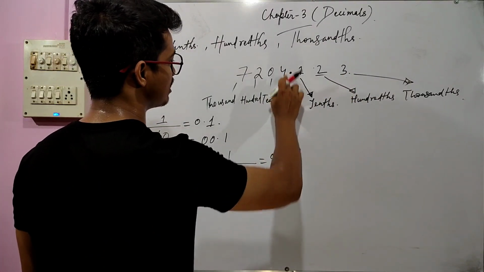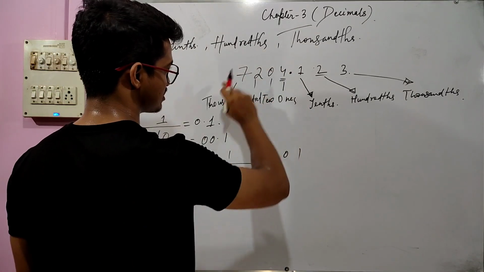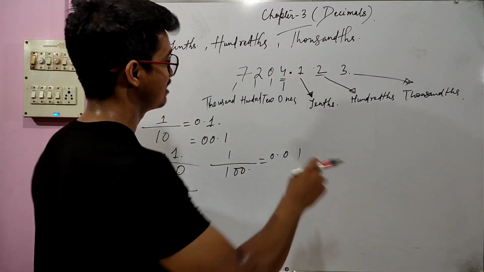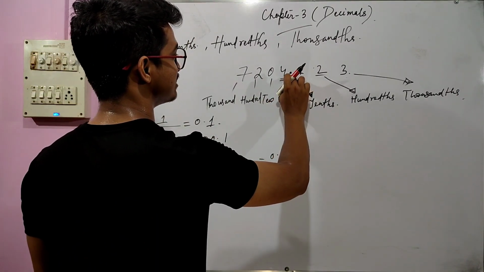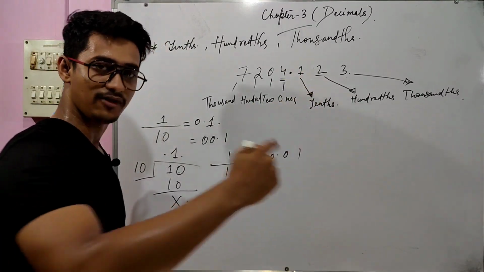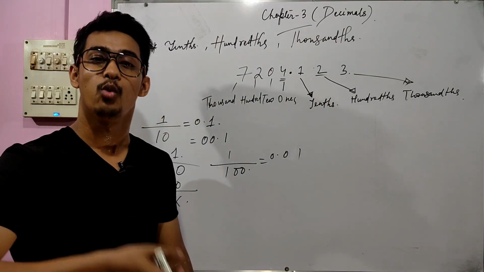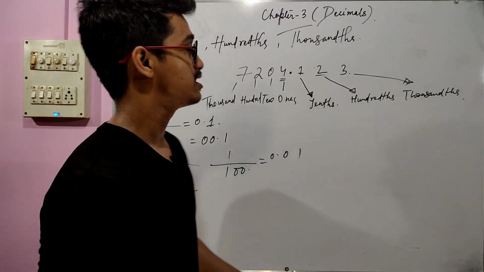The difference is only in the ones place, right? In the natural number system, the last digit holds the position of ones. But after the point, the first number holds the position of tenths, not the ones. All right, I think this concept is much clearer to you.